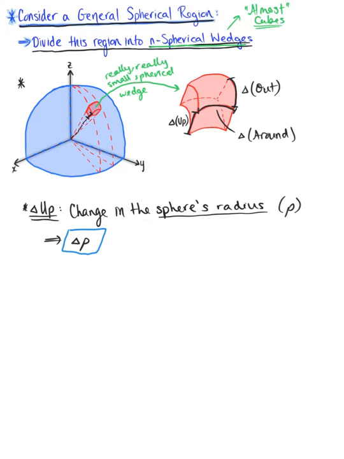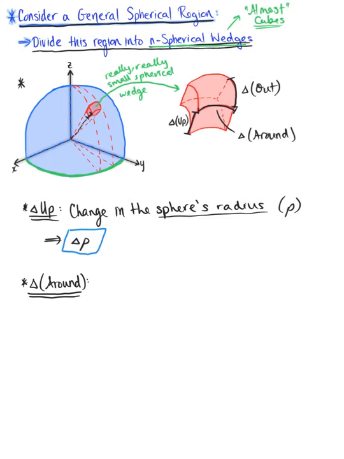Now what about this change in going around? So again, looking back at our spherical region here, let's look at the biggest change in going around that's given to us. So the biggest change in going around would be this, going around the circle. So the change in going around this arc length.